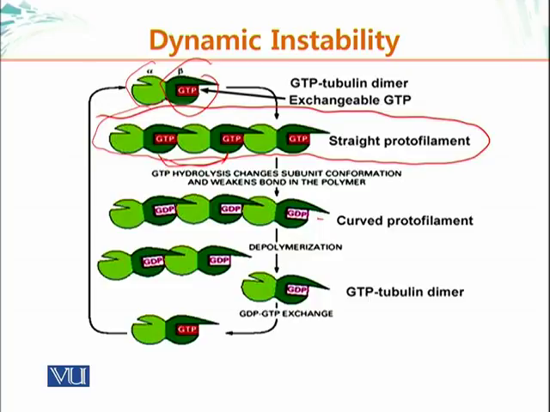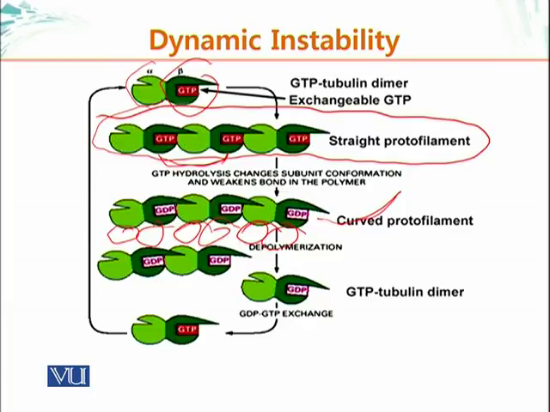You have lost a phosphate group, and this protofilament will become curved, and the lateral contacts this protofilament was making with adjacent subunits will become weak, or will be lost, because of the default curvature of the GDP form of the filament. When this happens, the microtubule will depolymerize.